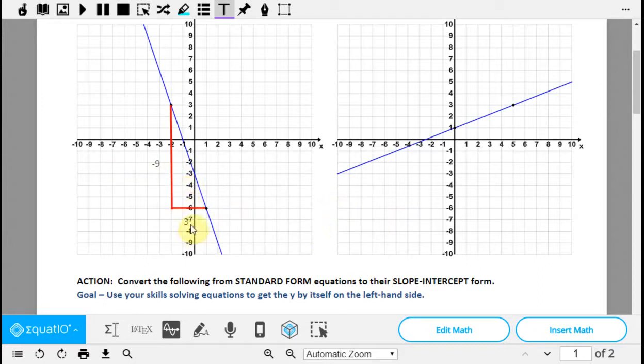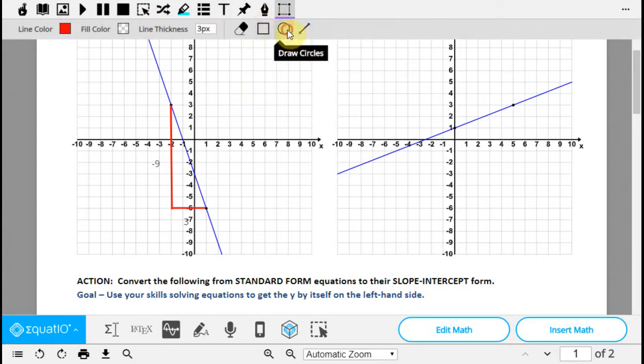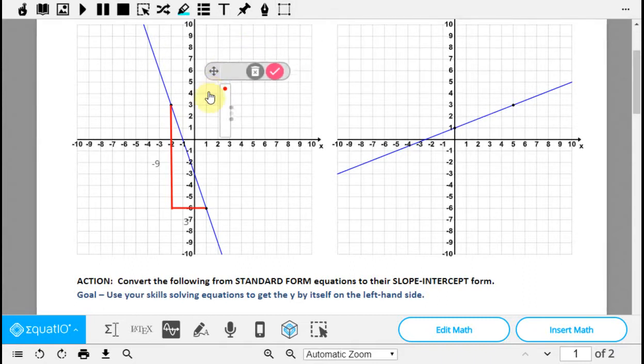My y-intercept is -3 right there. I'm going to put a point on there to show that, so I'm going to mark my y-intercept.